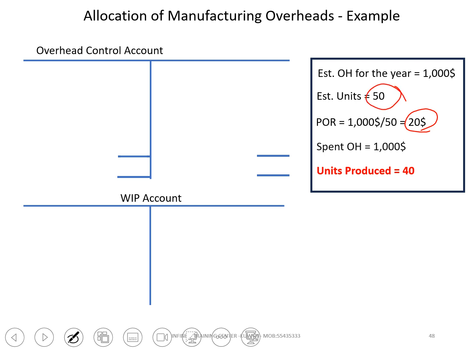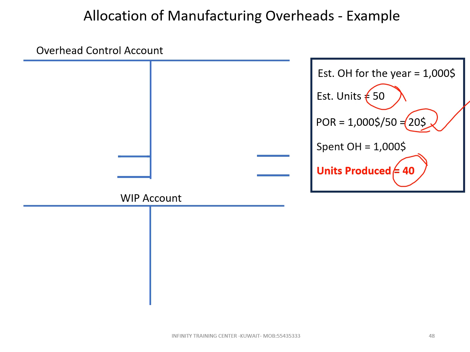We were expecting that we are going to produce 50 units, but actually how many units did we produce in this example? Only 40. We didn't produce 50 units, we produced only 40. So for every unit completed, we will add $20 to work in progress from the overhead control account, right?